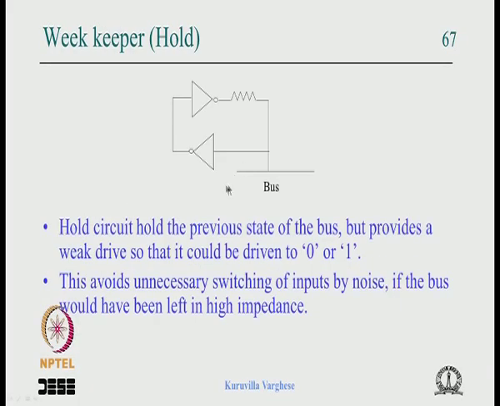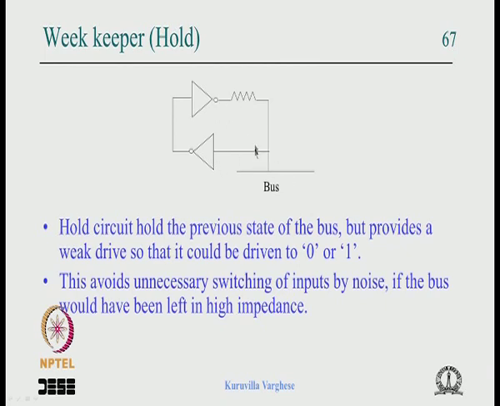and this is the whole circuit. Suppose you have a bus, and you connect this circuit to the bus. Suppose the bus is driven 1, then this 1 is latched here and 1 comes here, this becomes 0, this 0 will become 1 and it gets latched.